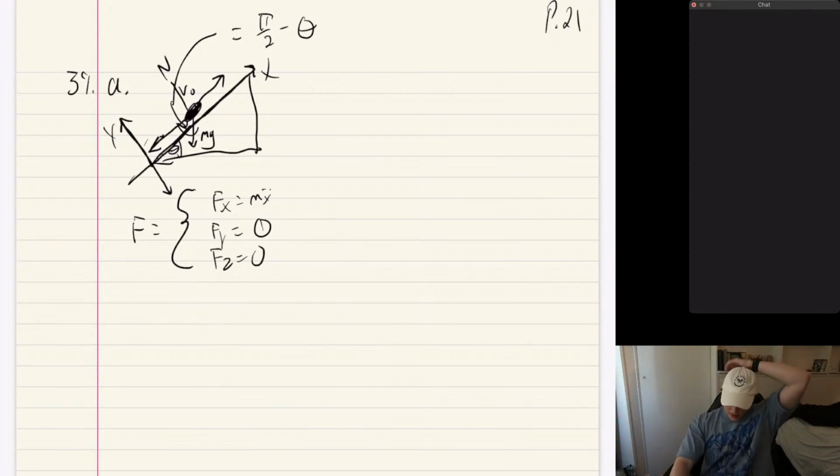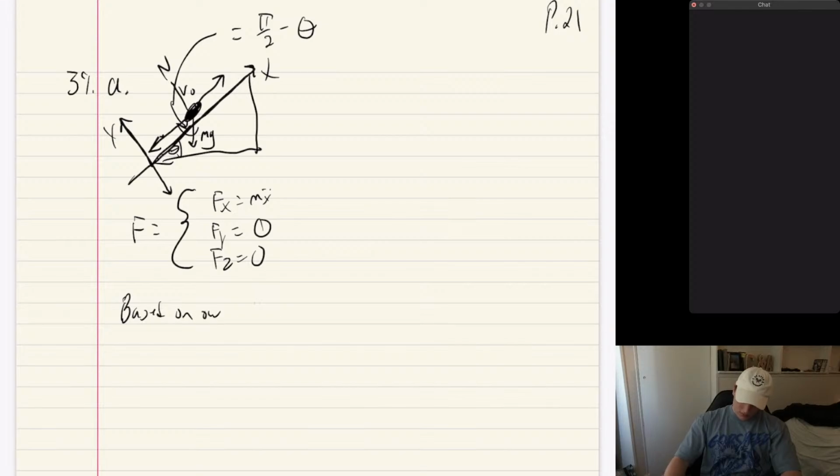So we have mg. If this is what we have here, then our acceleration is indeed negative mg. So based on our diagram, well, it's a normal force, right? F of x should be our total amount of forces. Oh wait, this is equal to this. Okay, we actually need y though.